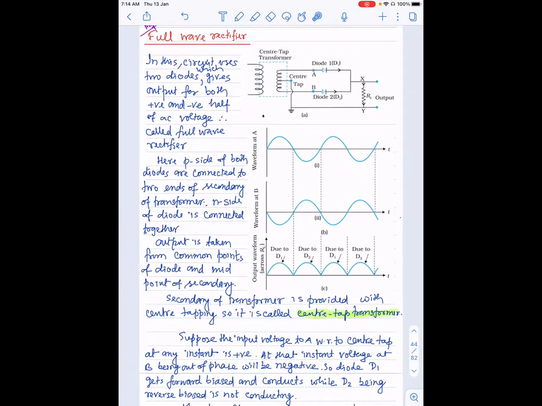Are you there? Yes, sir. Okay. Make the diagram properly and you can write in your own wordings.